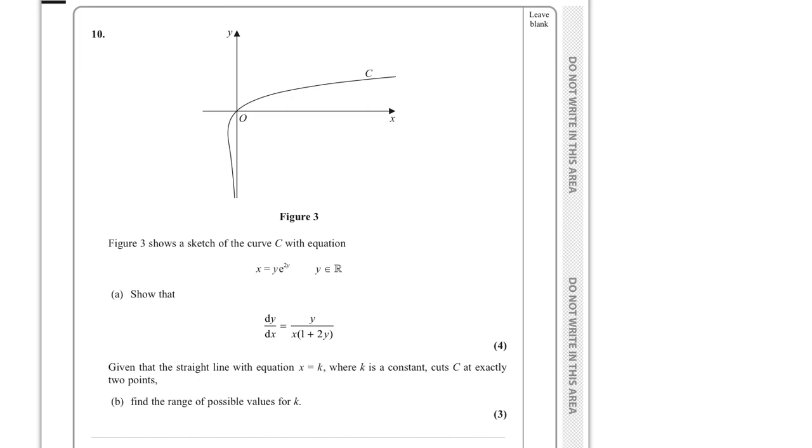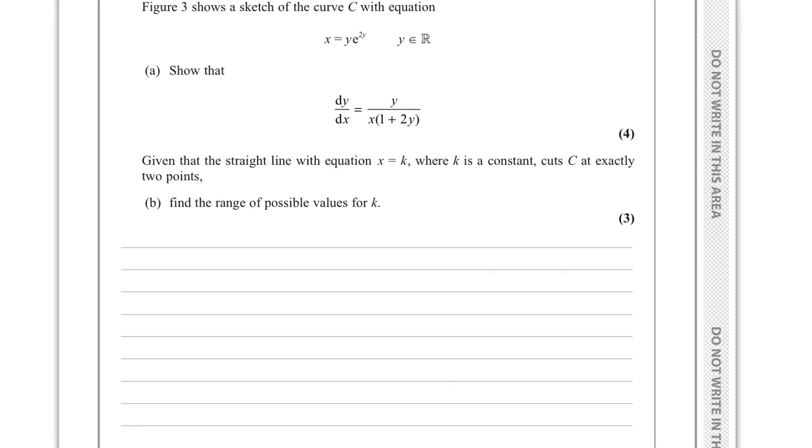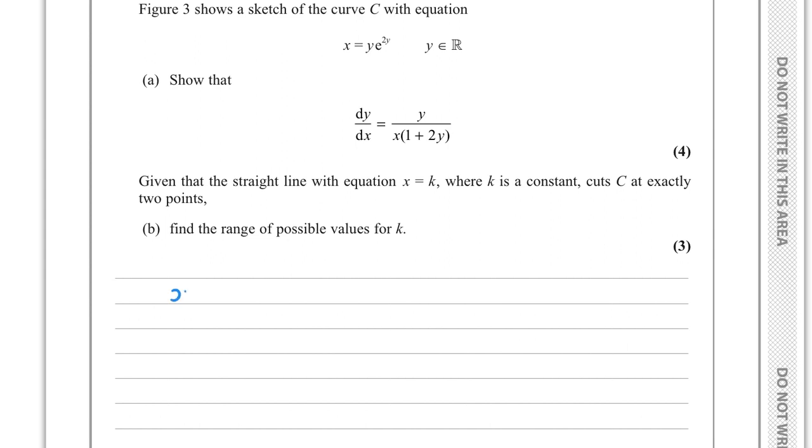Right, so x equals y e to the power of 2y. Show that dy by dx equals this. Okay, so if x equals y e to the 2y, we're going to differentiate x with respect to y and then flip it over. What do I have here? Product rule. So v du plus u dv. What does v equal? y.